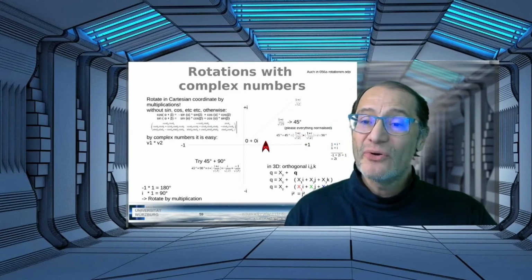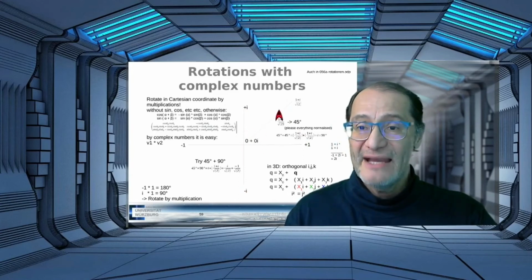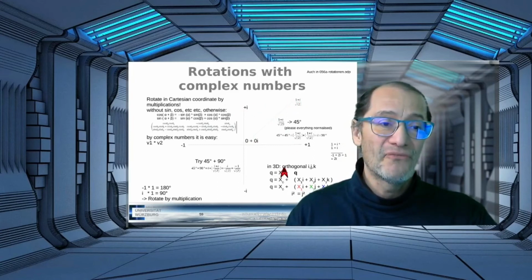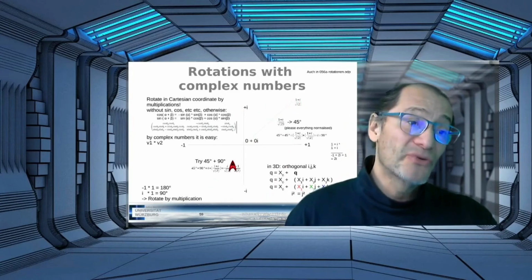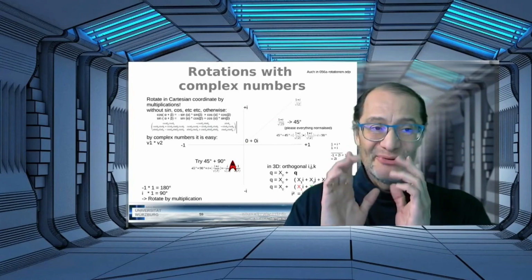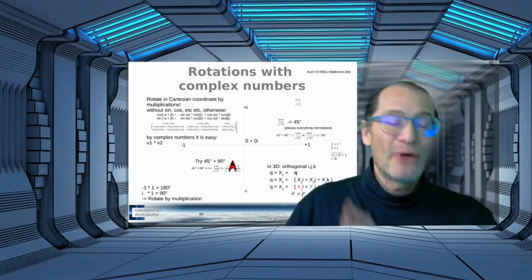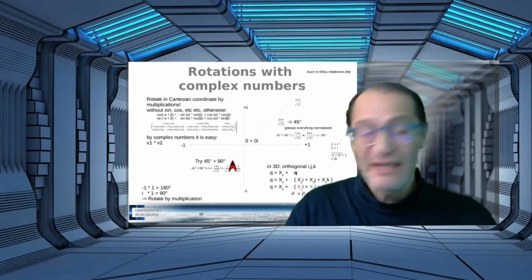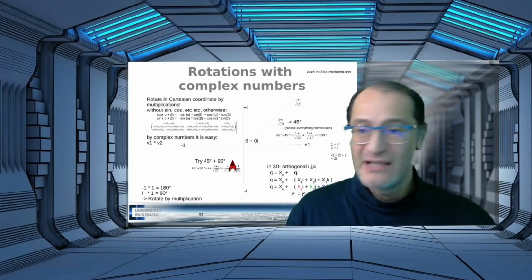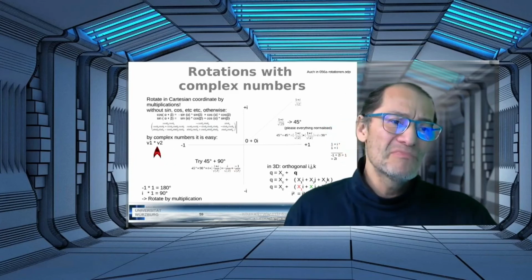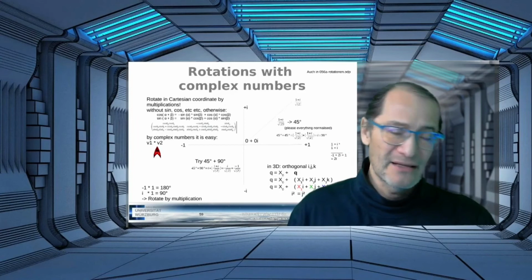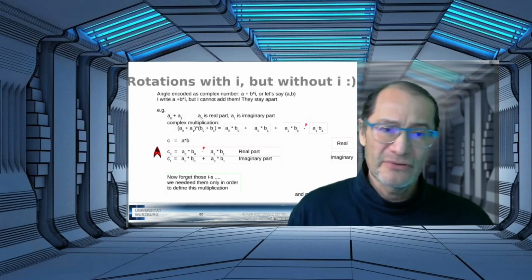And we can encode any angle from any vector by the position of this point with a length of 1. Okay, but I am not going to repeat this, I'm just going to recall it to you. Remember how to add rotations with complex numbers: it was only multiplying two complex numbers, and you are adding or accumulating rotations.